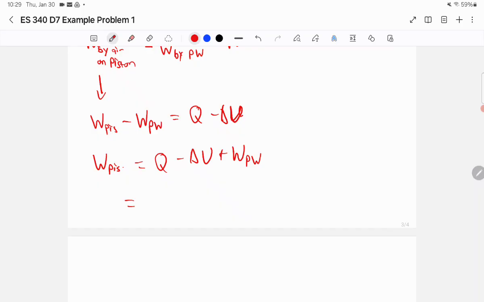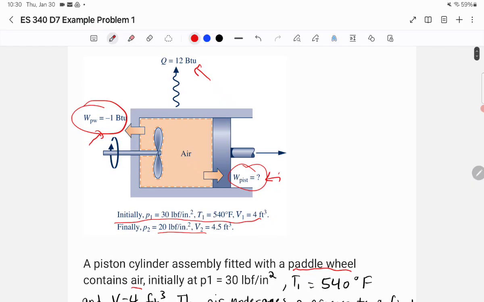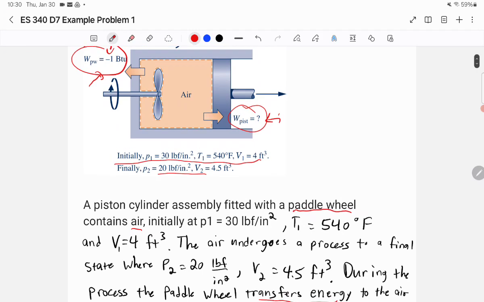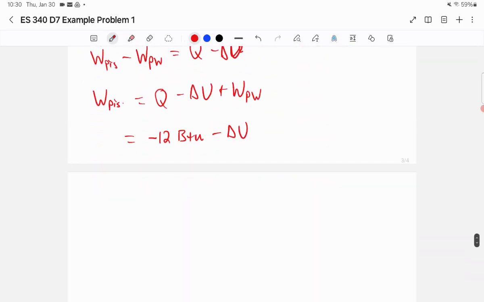The sign convention tells us that should be minus, so this should be minus 12 BTU minus delta U. And the work done by the paddle wheel, notice that it was given to us as minus 1 BTU. In other words, the air is doing work on the paddle wheel.